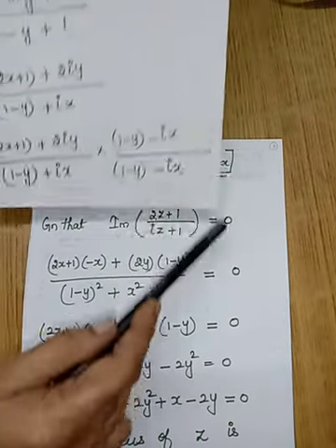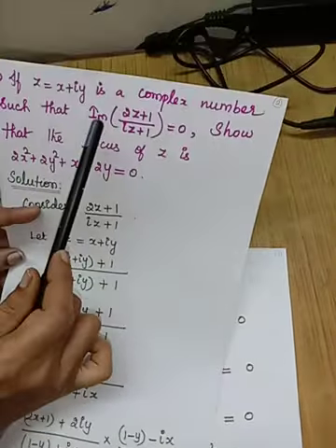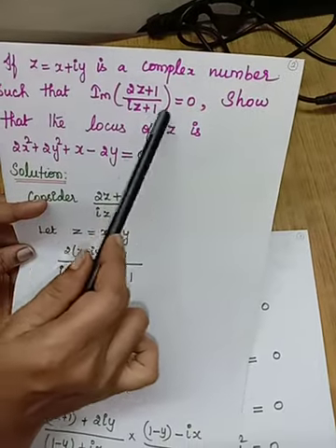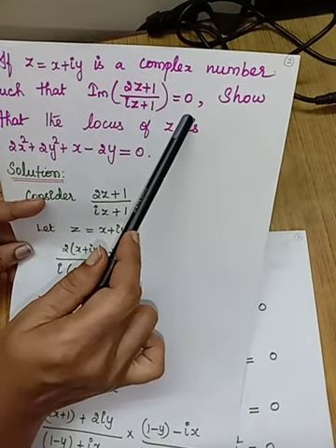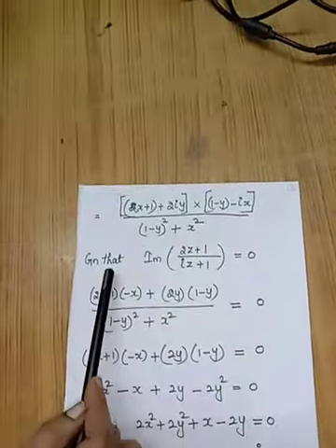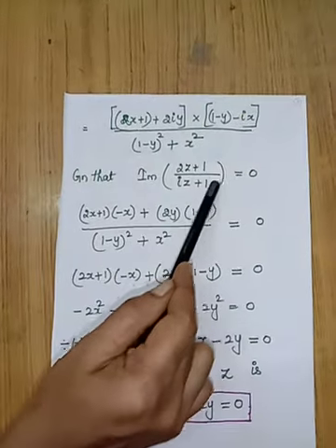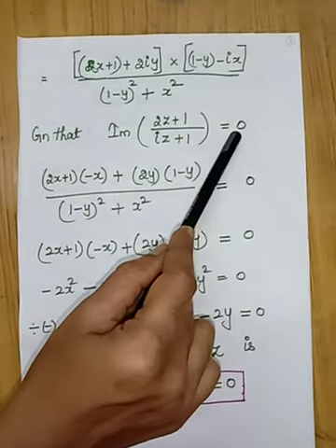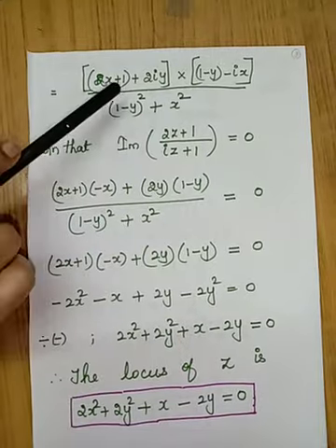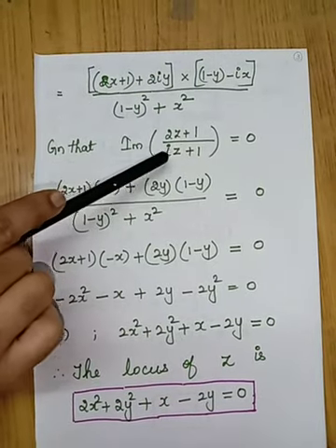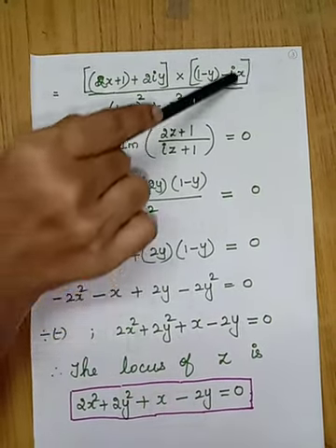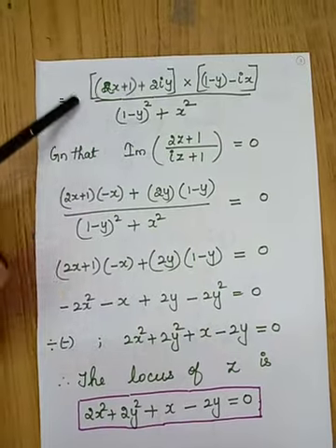Okay, see what is given: only the imaginary part of this complex number is equal to 0. So 2z plus 1 divided by iz plus 1, what we have obtained, we have obtained for that.